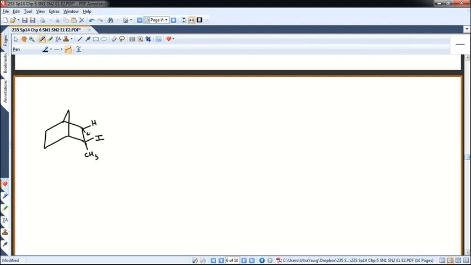I'm going to make them methyl groups, so that way you can see. If you make this model, there's no way that this hydrogen and this iodine could get to that anti-periplanar conformation because the rest of the molecule forbids that rotation, and so there is no reaction for E2 chemistry in this case.